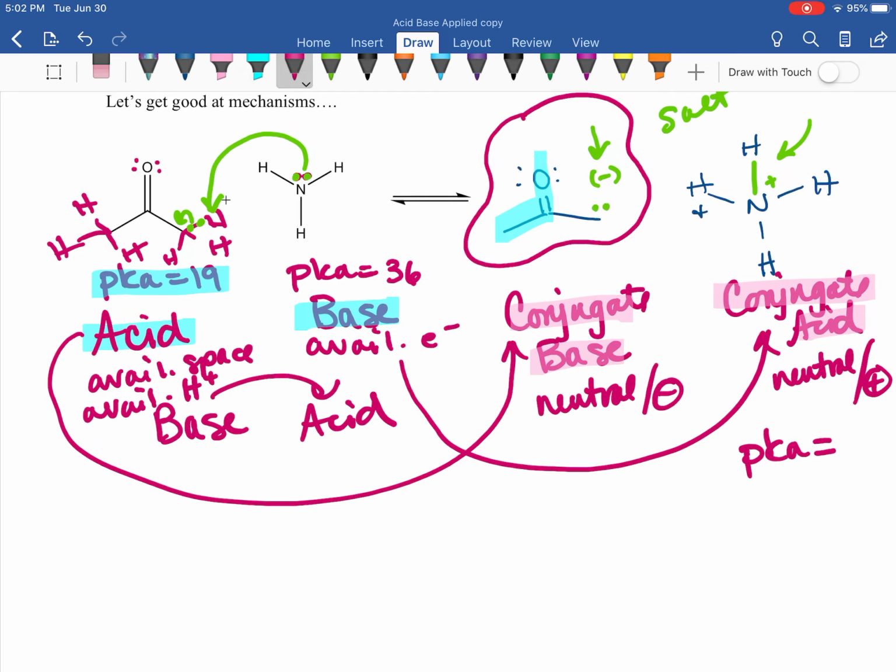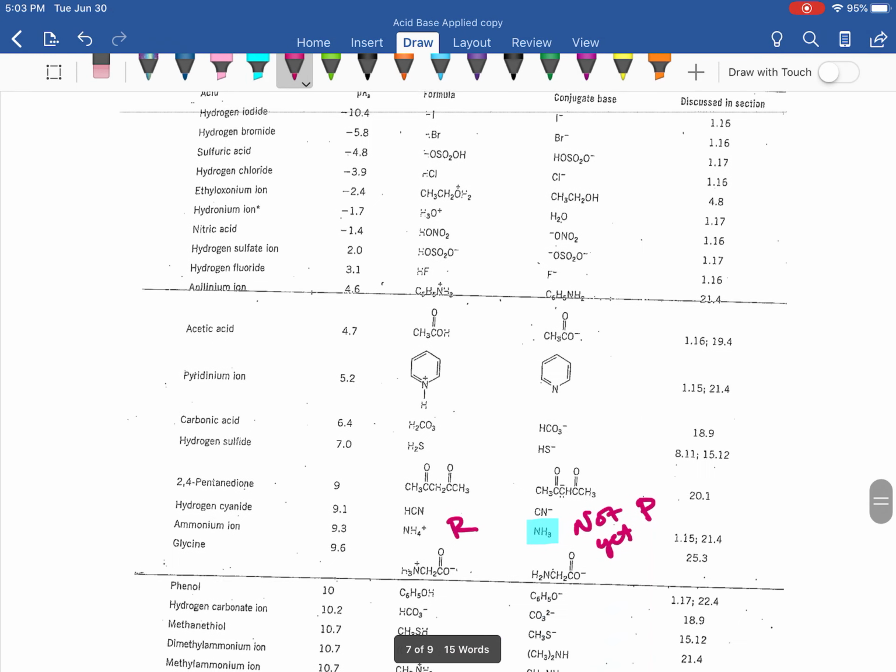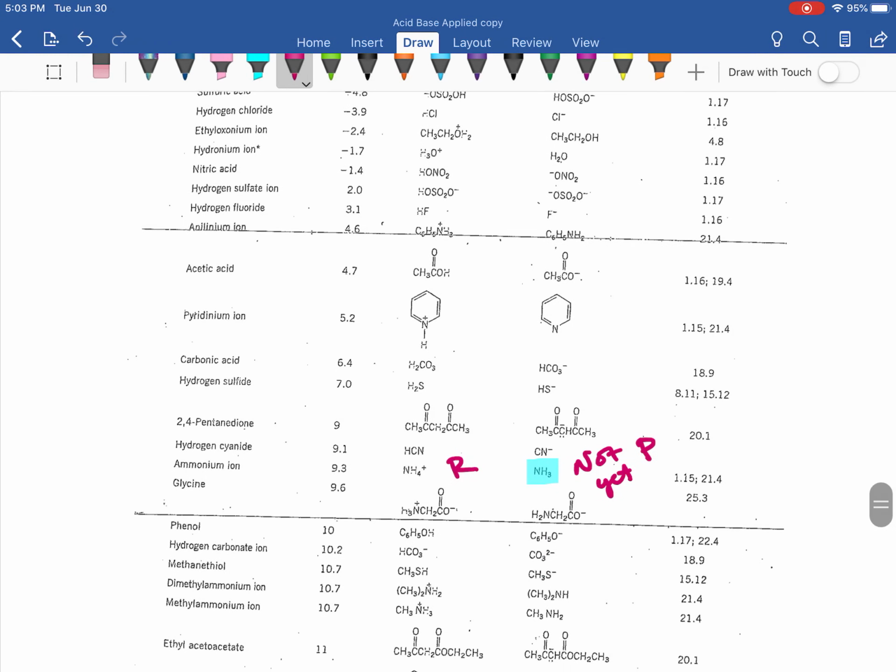So if our acid is 19, let's find our conjugate acid. Why the acid? Because that's the A in pKa. We're looking at acids. Now we can hit up that NH4 number on our pKa table. There it is. Here is our NH4 plus, and that is a pKa of 9.3.